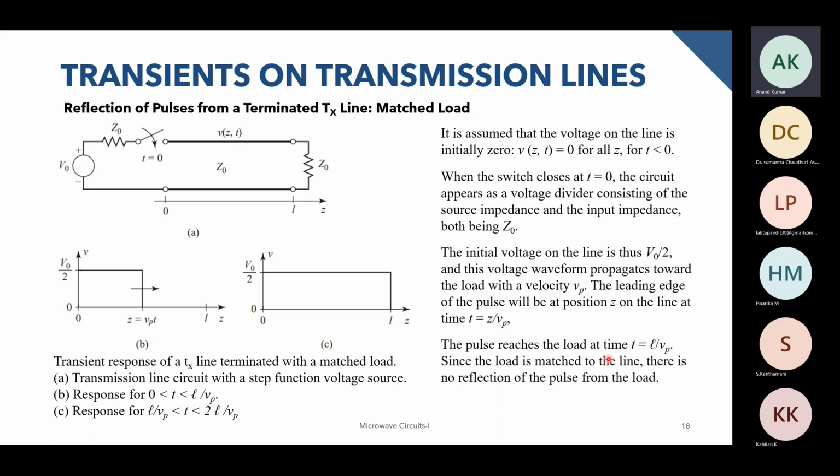As soon as the pulse reaches the load at t equal to L by Vp, since the load is matched to the line, there is no reflection, and we have V0 by 2 across both resistors.